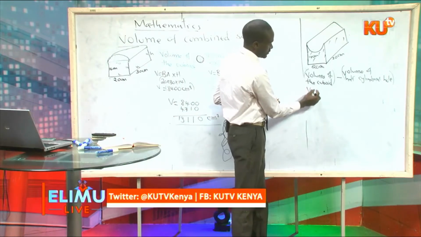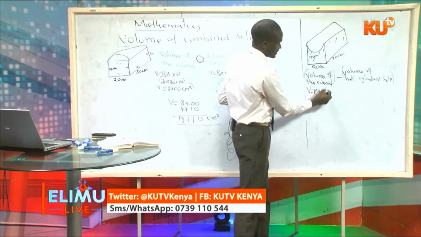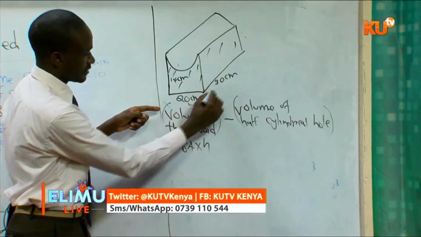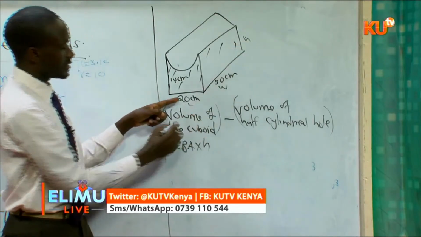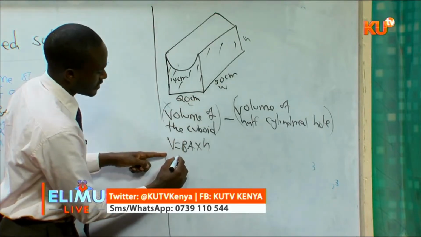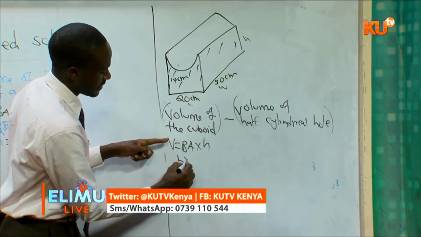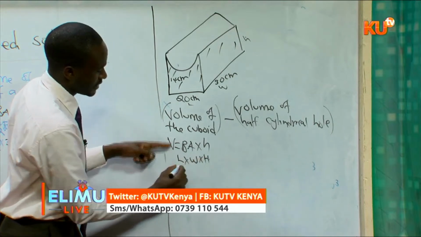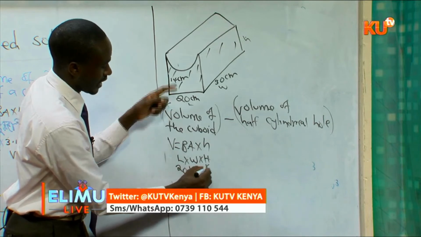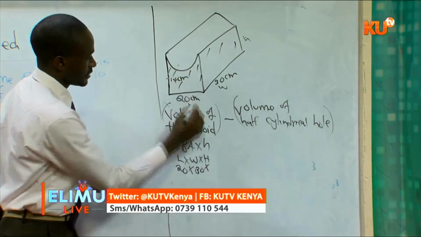We said volume is base area times height. Our base area here, we have length times width times height. Base area, length by height, length by width. Now that is length times width times height. Length is 20, width is 30, height is 14.